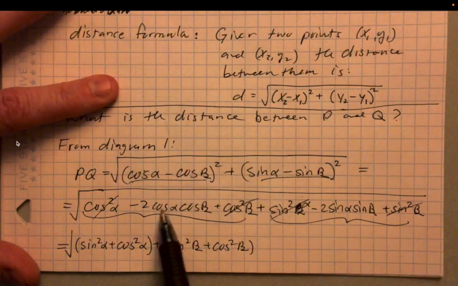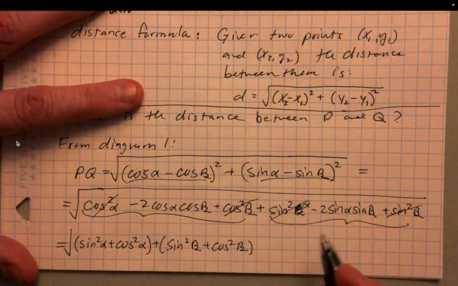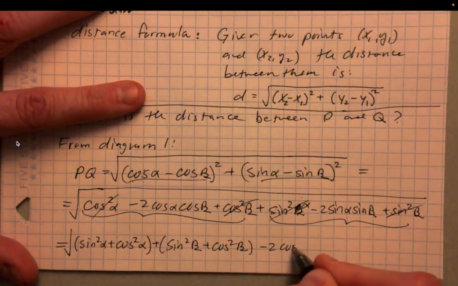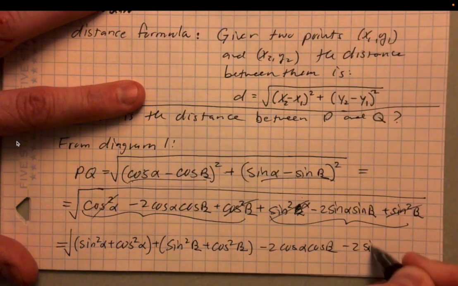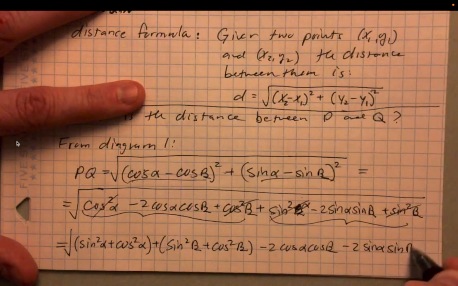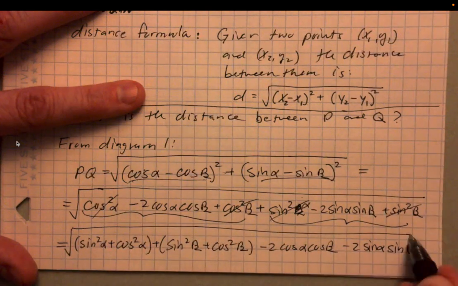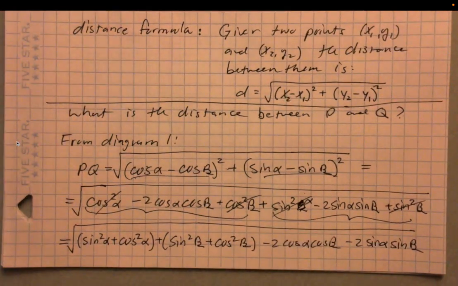And then I've got these two pieces left over that I have to hang on to still. So minus 2 cos alpha cos beta minus 2 sine alpha sine beta. I haven't really done much, I've just rearranged things a little bit. It's all just addition and subtraction, so I can change the order of things.